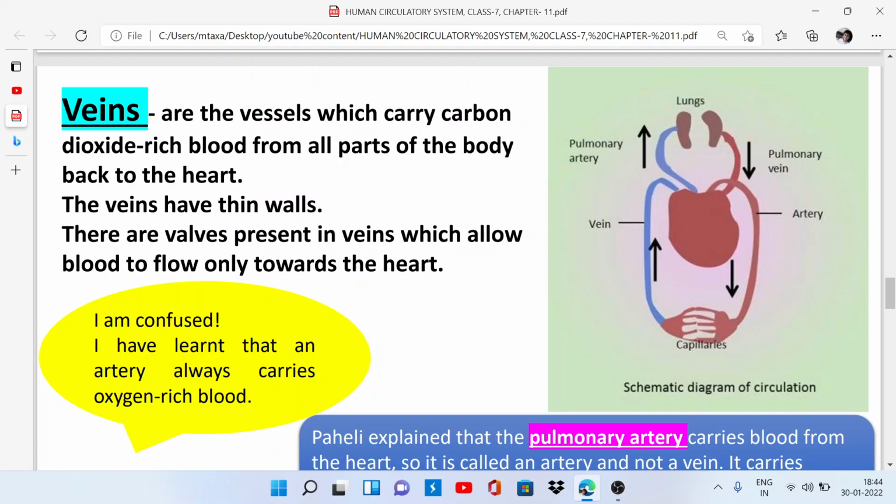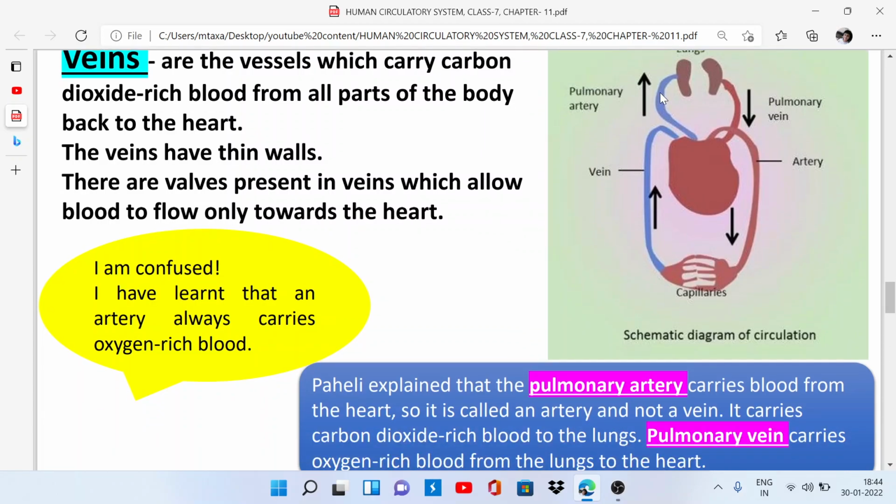Here Buju is confused. Buju is thinking, I have learned that an artery always carries oxygen rich blood. Here, Haley explained that the pulmonary artery carries blood from the heart. The blood vessels which carry blood from the heart to different body parts are called arteries and not veins.